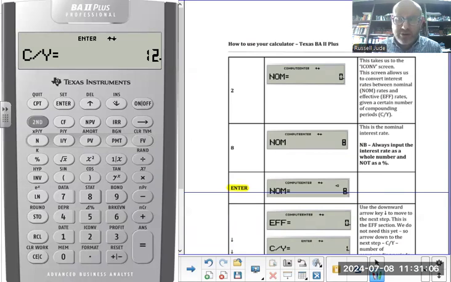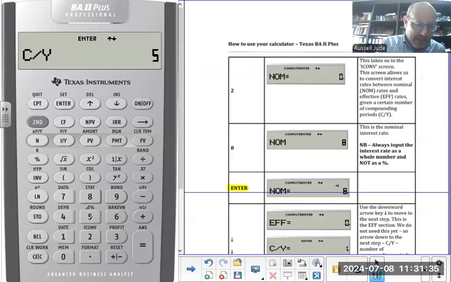I am trying to convert my 8% nominal rate to a continuously compounded, forever rate. When I come over here, this is the little trick, guys. When you come over here to CY, number of periods, the Texas Instruments calculator, not being overly smart, doesn't recognize that forever is forever. How do we fool the calculator?